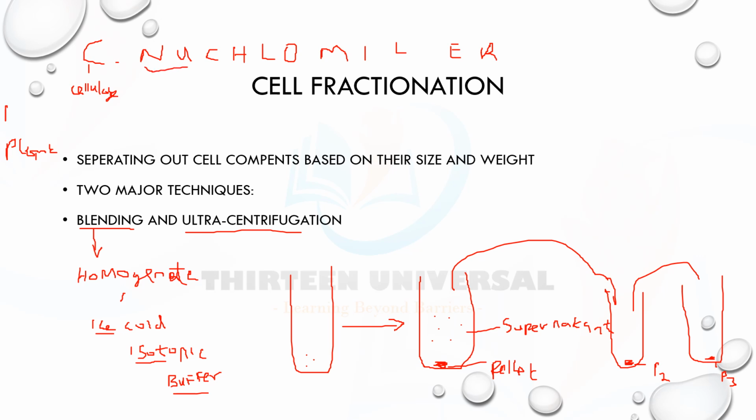Nu represents nucleus, the second heaviest. And then Chlo is chloroplast, the third one. Mi is mitochondria.